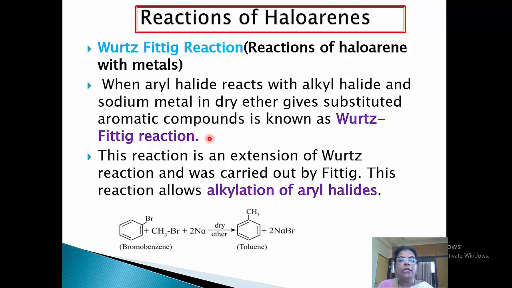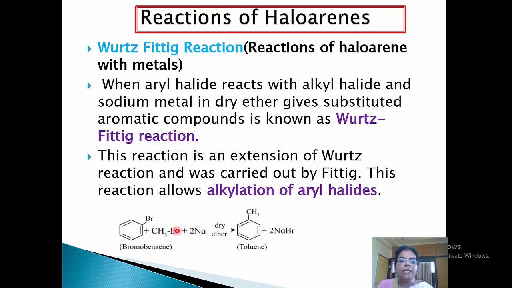Now we are going to see the reaction. Here, this is bromobenzene. That is, bromine is directly attached to the benzene ring. It is an example of a haloarene. And when this compound is reacted with methyl bromide in presence of sodium metal and dry ether, then what happens?